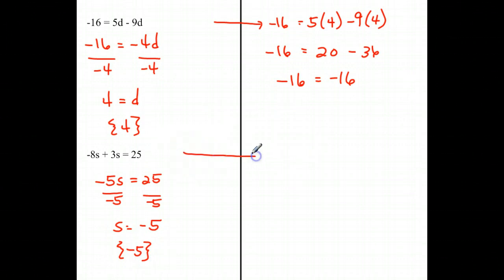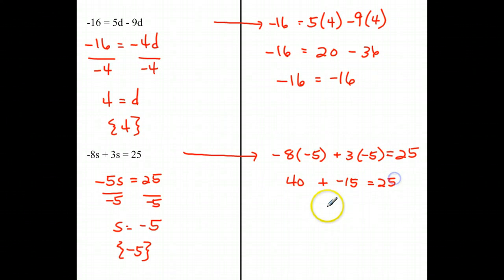And I'm going to take my original problem to check. Negative 8 times negative 5 is 40. 5 times negative 5 is negative 15. And when I add those two values together, I get 25, which means my answer of negative 5 is correct.